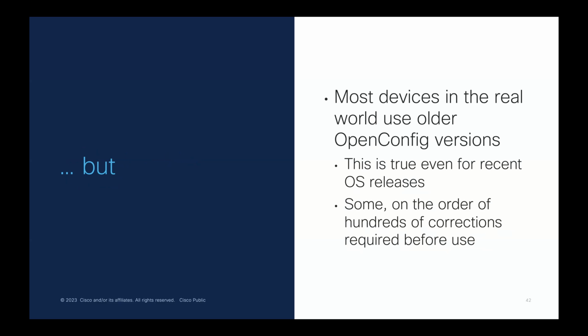And when you get it to compile, there are still other problems you discover when you try to connect to the device, or you try to sync the configuration, for example. So think long and hard before you use old OpenConfig with NSO.